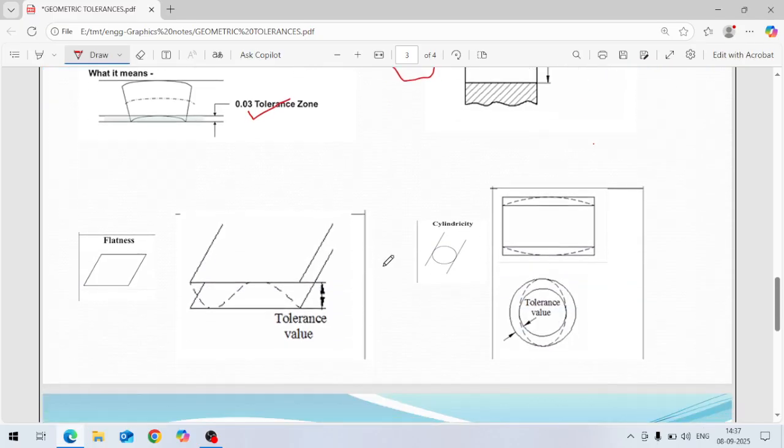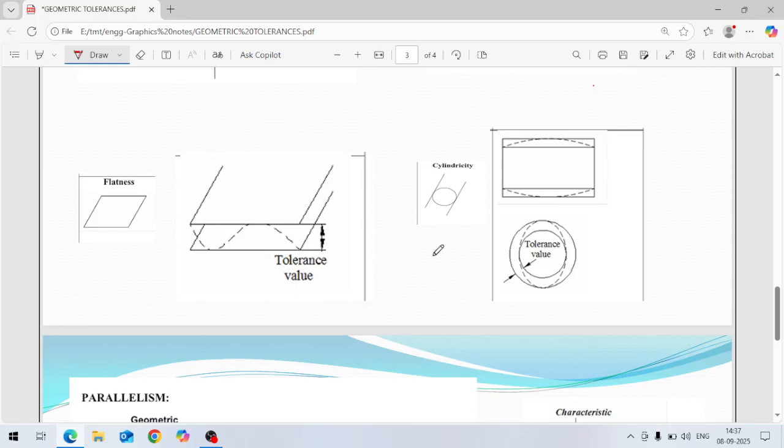And next, if you see, this is flatness. This is the flatness symbol, and this is the tolerance value. Flat means a surface would be flat within an area. If you define some area, then in that total area this is the permissible tolerance value.